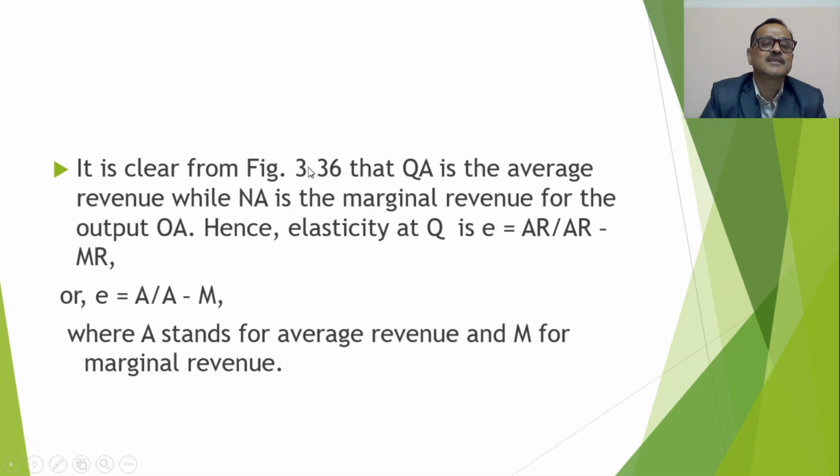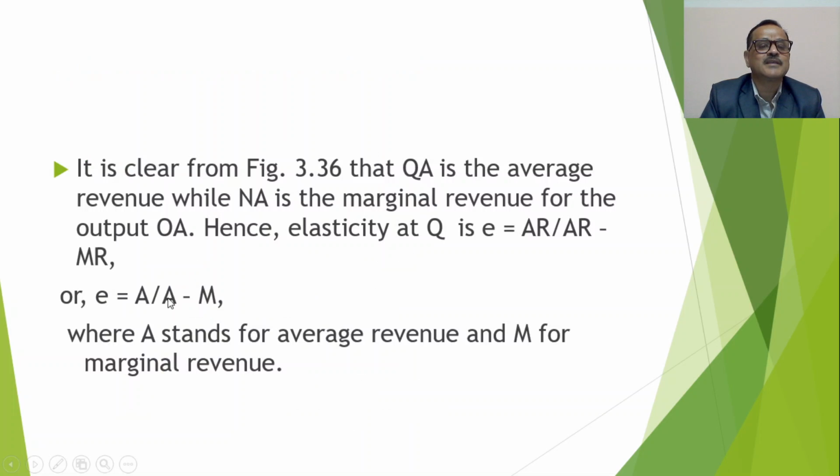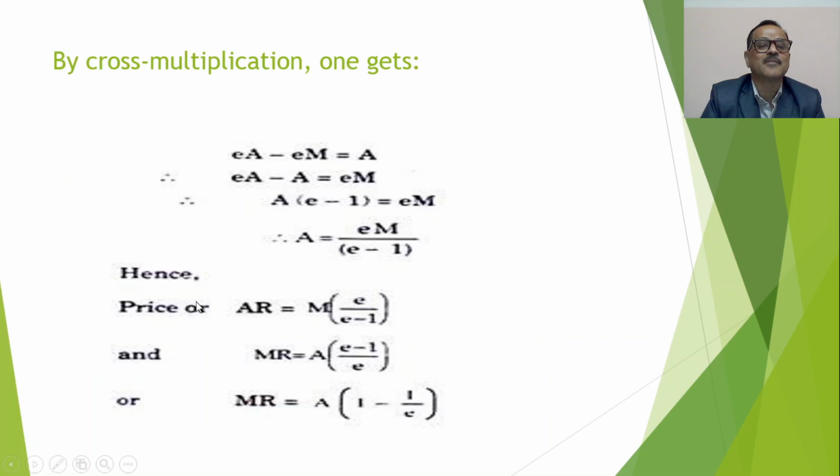We multiply A minus M into E, so EA minus EM equal to A.